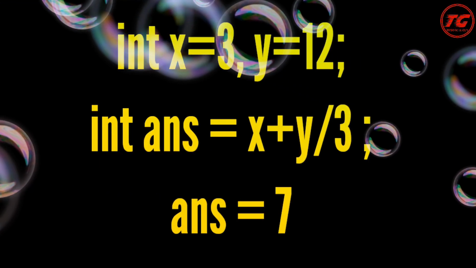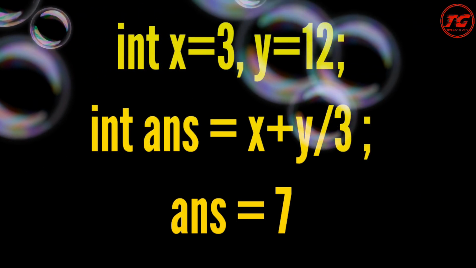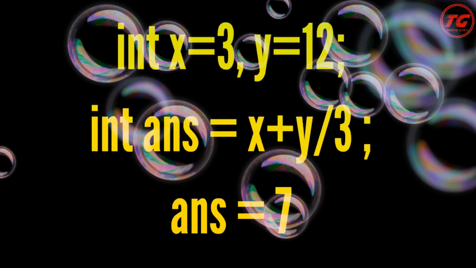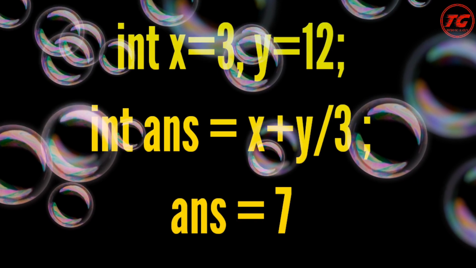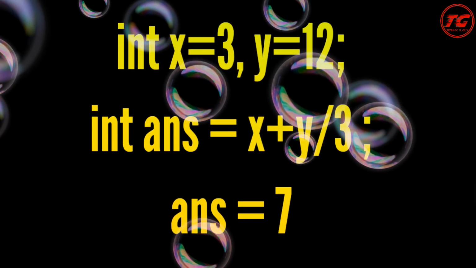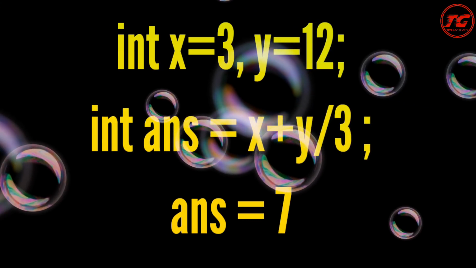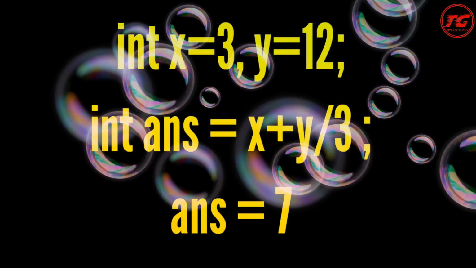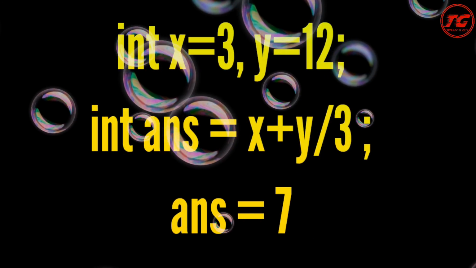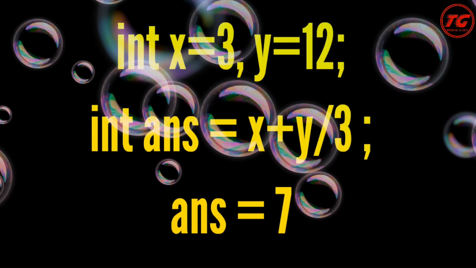Firstly, division will be done: 12 over 3, 4 will be the answer of the division. Then that value will be added to x, 4 plus 3. So 3 plus 4, the answer will be 7. So this is called an expression.